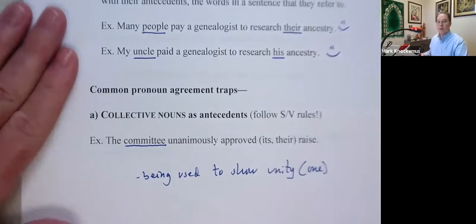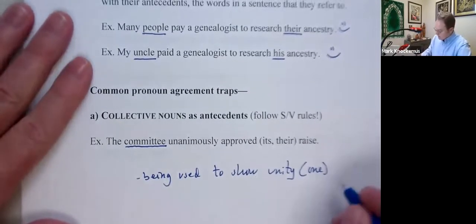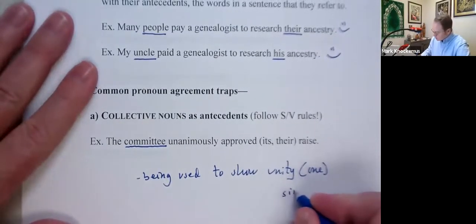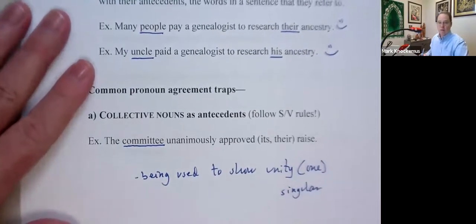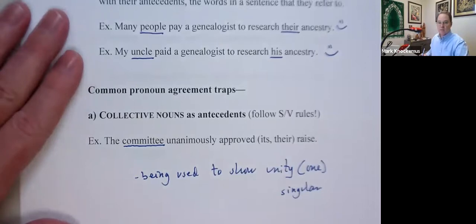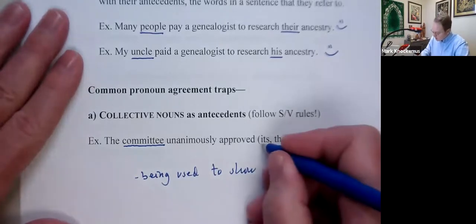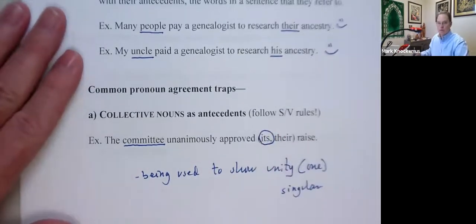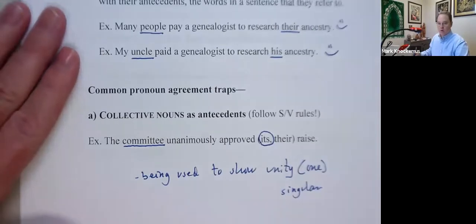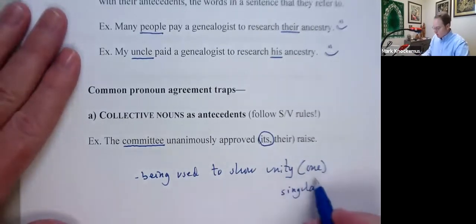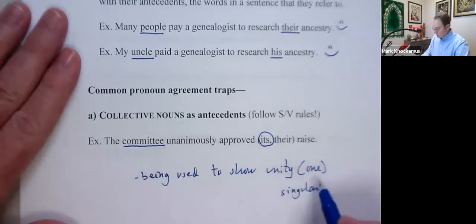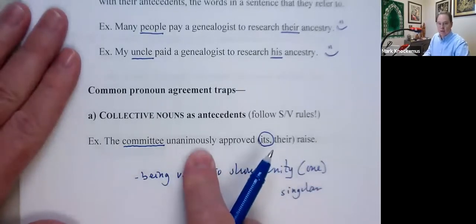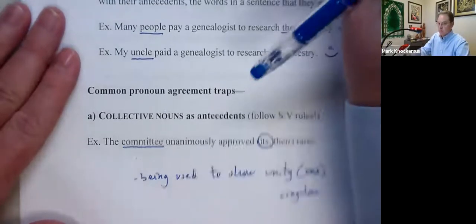Everybody coming together to act as one, then it's singular. The committee unanimously approved its raise. How do we know that we're showing unity? Because the committee has people acting as one. Unanimously. So we take the singular.